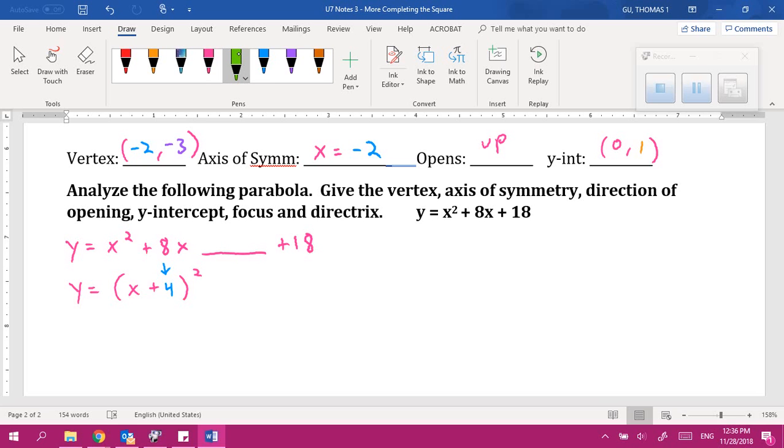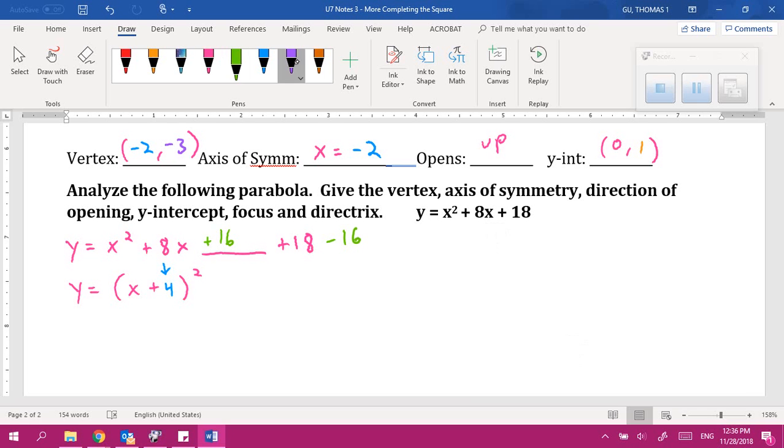So now this is where I fill in the blank. What goes in the blank? Positive 16, because we just square the 4. And if I put plus 16 there, what else do I need to put? Negative 16, because we don't want to change the value of the equation. So we put a minus 16 at the end.